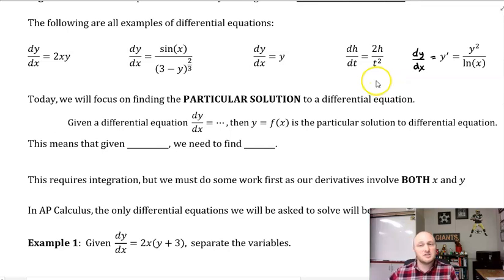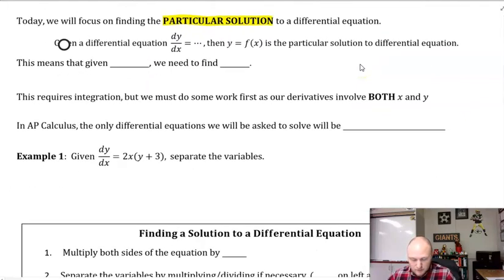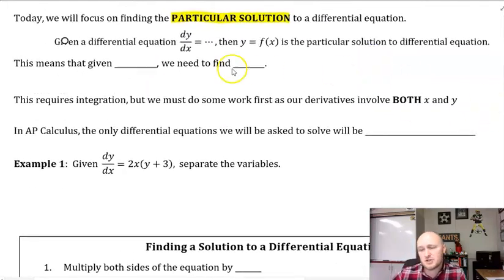When we want to find a particular solution, we will want to be able to separate dy and dx. So let's talk about how we find particular solutions of differential equations. Given a differential equation, dy over dx is equal to some value, then y is equal to f of x is the particular solution to a differential equation.